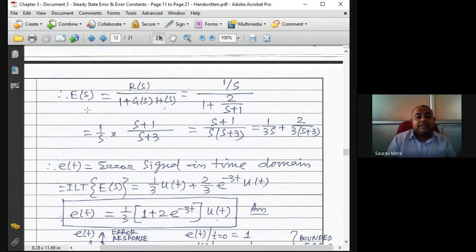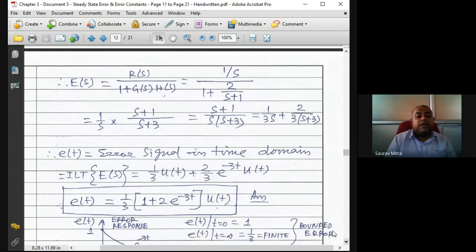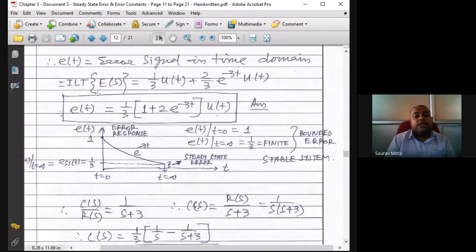So the error function e(t) is equal to 1 by 3 u(t) plus 2 by 3 e raised to minus 3t into u(t). If you take u(t) common and 1 by 3 outside, you will find that the error signal e(t) is equal to 1 by 3 into 1 plus 2 e raised to minus 3t. Okay, so this is how we find the error in the time domain.